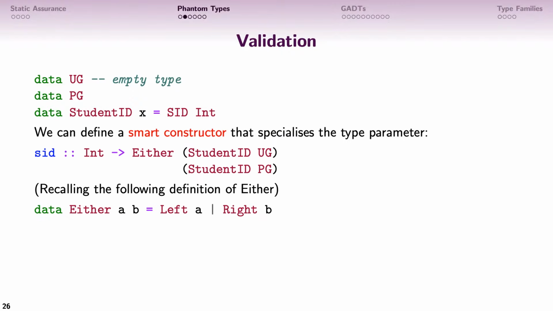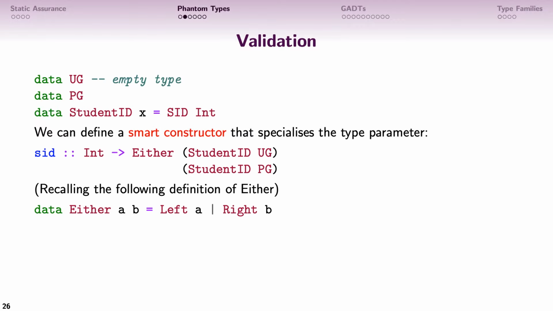So we have our smart constructor here called sid, all in lowercase, and it takes integers just like the uppercase version, but instead of returning just a student ID x, it returns either, so Left or Right, a student ID undergraduate or a student ID postgraduate, depending on which one it is. We could even have a third option here if we really wanted to for I couldn't find that student number, but we're going to just crash in that case, I guess. It's not the most elegant, but it does ensure that the output is always a valid student ID.